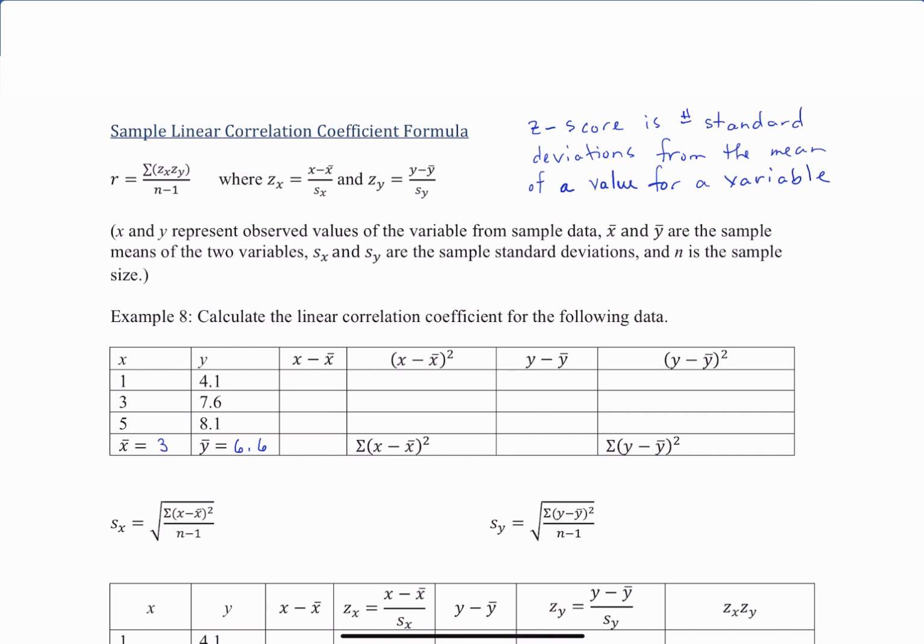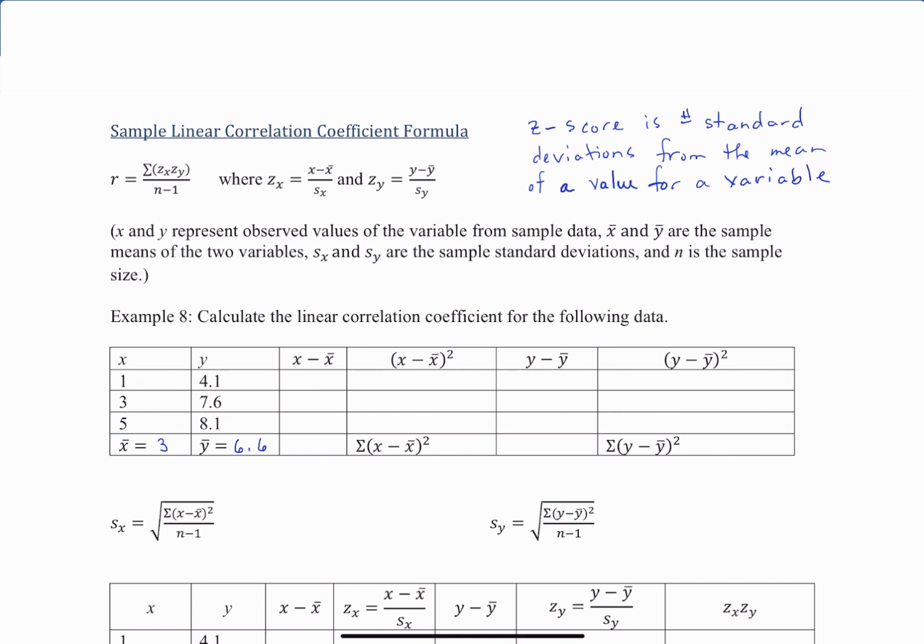Now I need to subtract the mean from each of the x values. And by the way, I went ahead and typed out the standard deviation formula below this table because I'm thinking we don't all remember that. So in the standard deviation formula, you'll see that under the square root, in the numerator, we have a bunch of x minus x bar squareds. So usually the next column in the table is just to compute x minus x bar. So in the first row, I'm going to have 1 minus 3, because 3 is the mean for the x's.